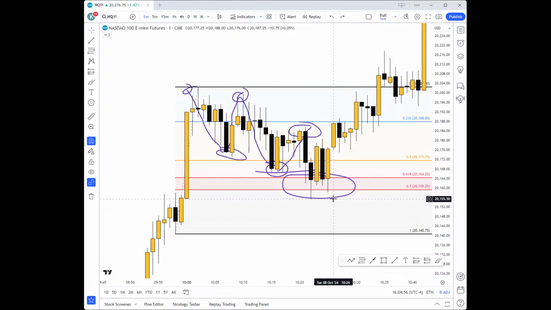Right? But the safer trade is understanding that we've now broken and closed above here. So now we're looking to trade back down into this area of interest. Right? You've got this low, that high, this low. We break it. Right?